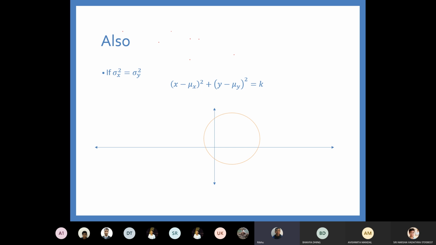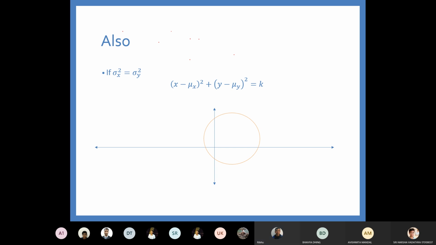If sigma x square is equal to sigma y square, we get a circle, and in general, for d dimensions, we'll get a sphere.